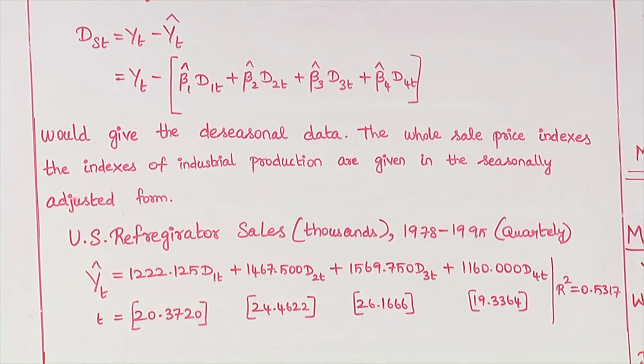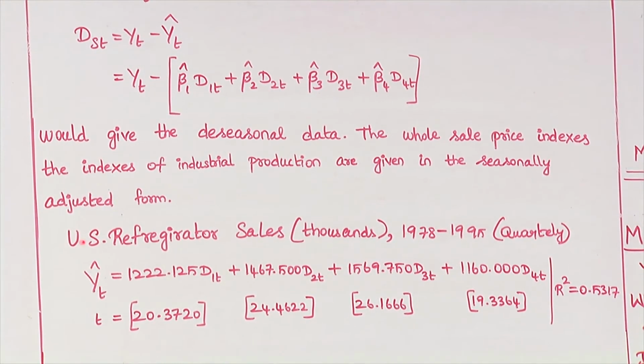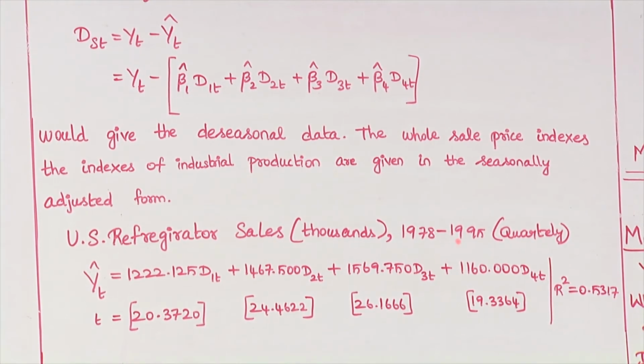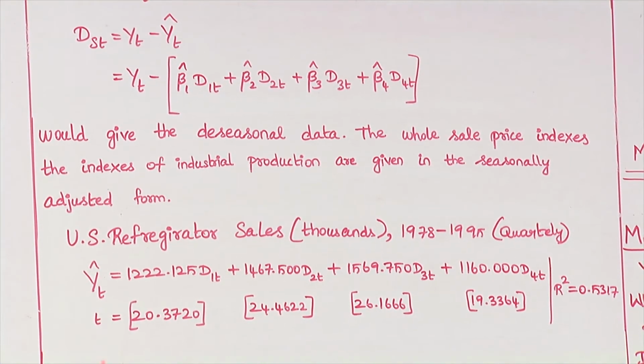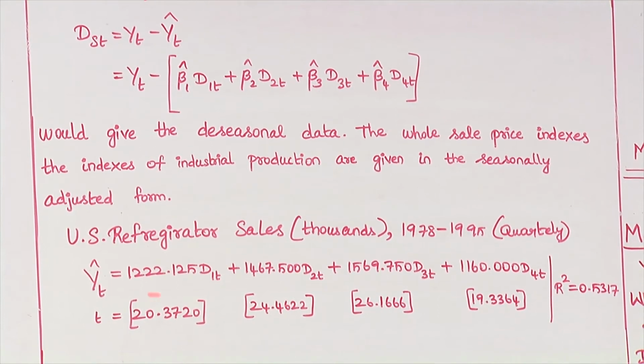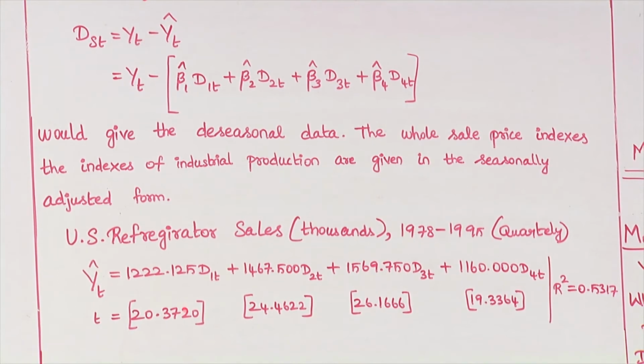Let us take one example from the Gujarati textbook. This is the US refrigerator sales in thousands between 1978 and 1995. The data is in quarterly form and this is the result given. Naturally, we can interpret this coefficient as the average first quarter sales.